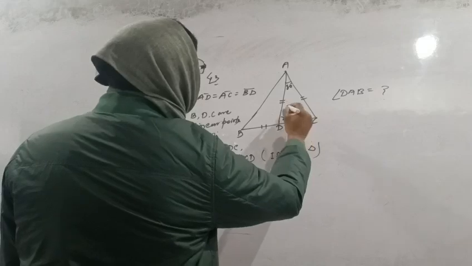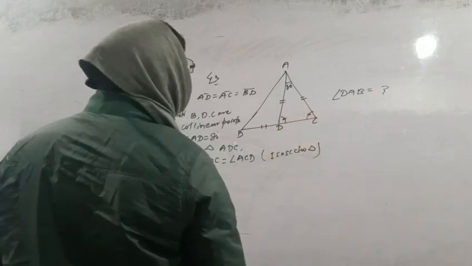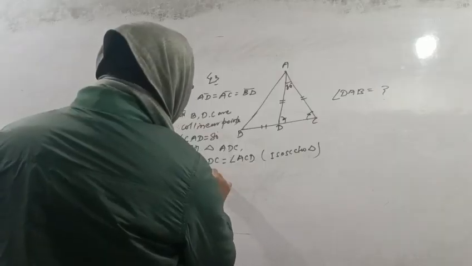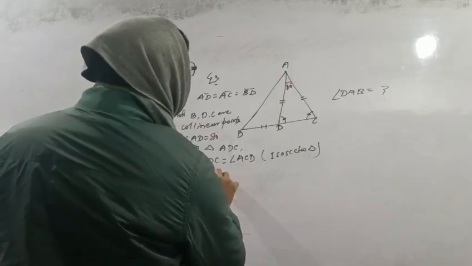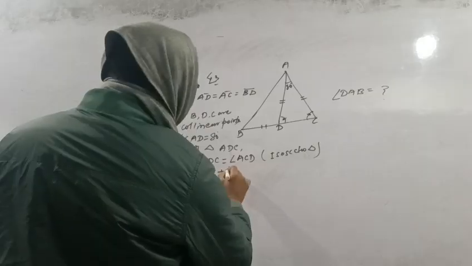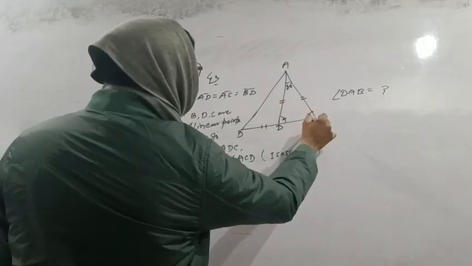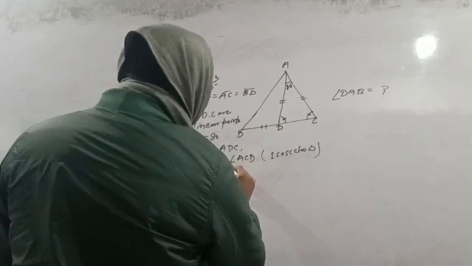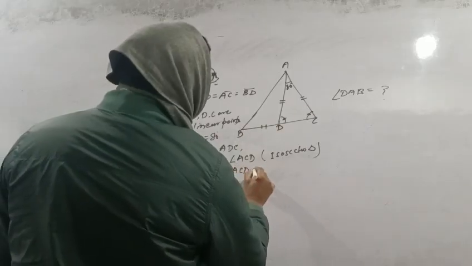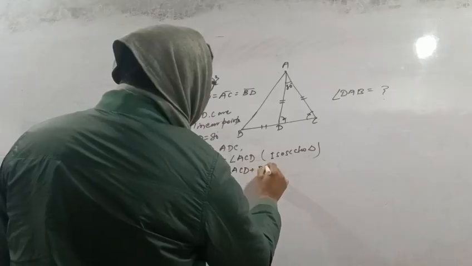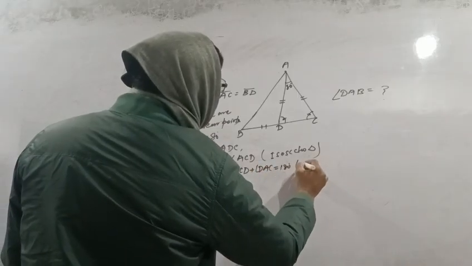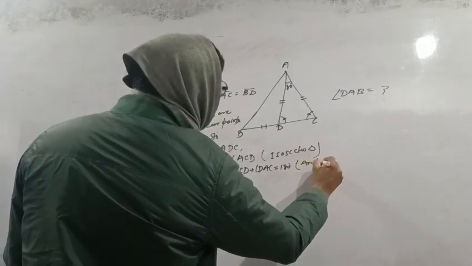Angle ADC is equal to angle ACD. So angle ADC plus angle ACD plus angle DAC is equal to 180 degrees. Angle sum property.